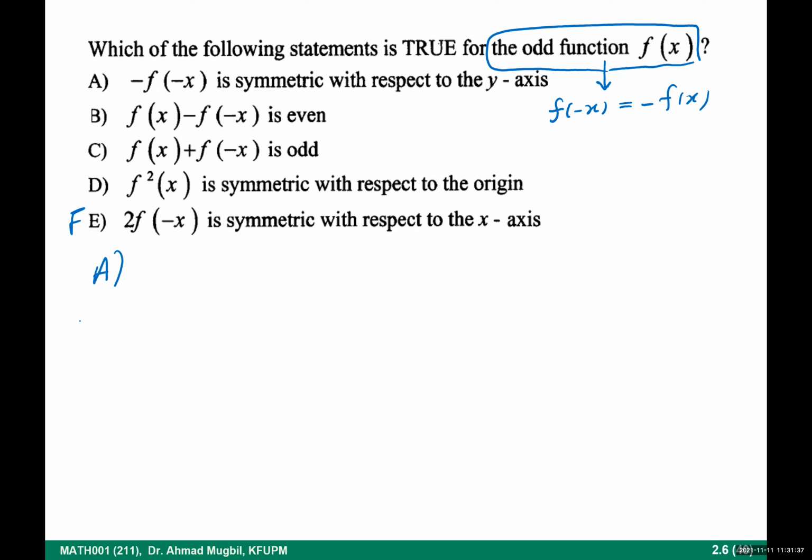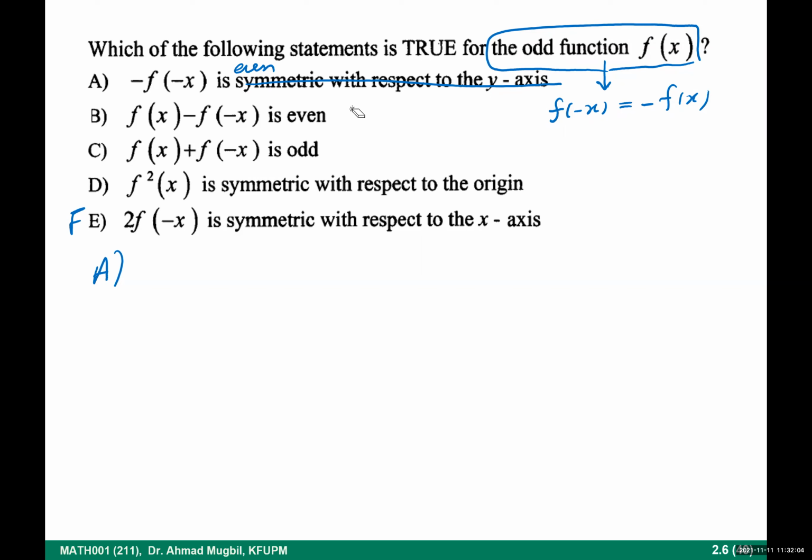So he said it is symmetric with respect to the y-axis. It means even. This means, guys, that it is even. This is the meaning of symmetric with respect to the y-axis; you can replace this by even. So if it is not even, what is it?